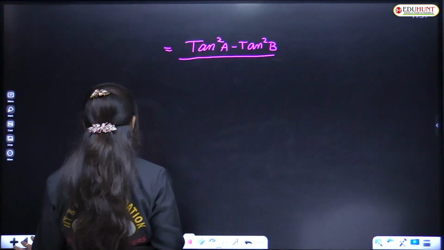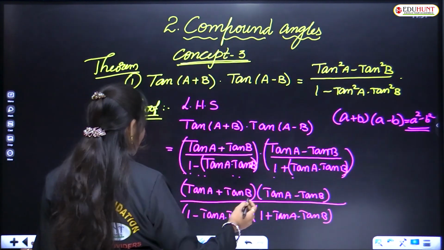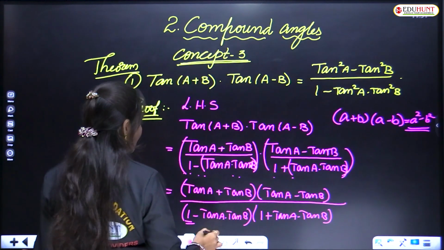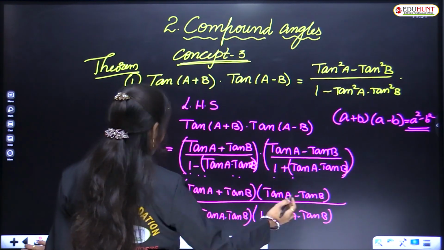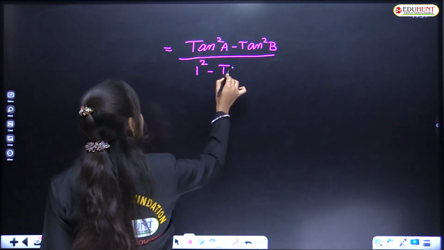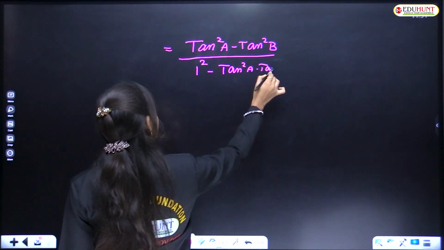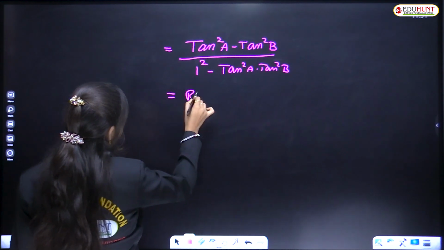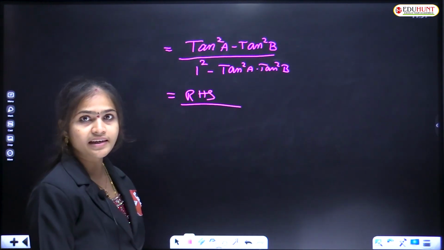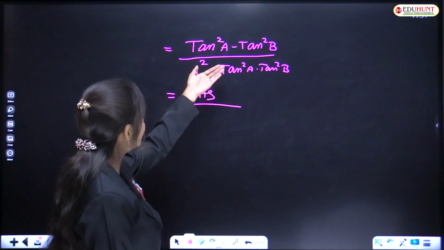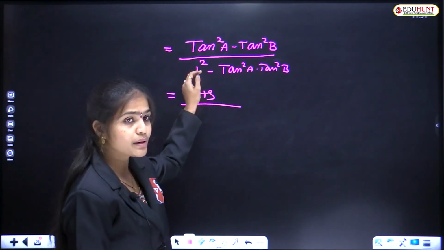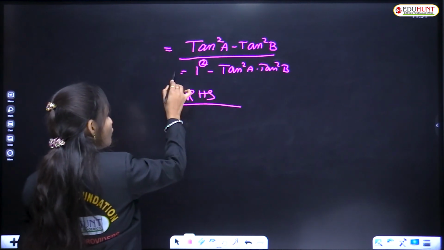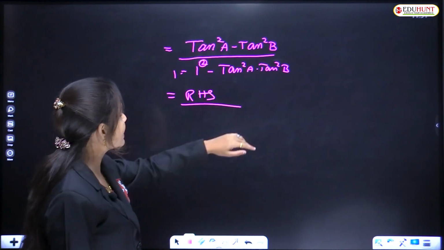In the denominator, a minus b into a plus b gives 1 square minus tan a into tan b, times tan a into tan b, which is 1 minus tan square a into tan square b. 1 square is nothing but 1. So finally we got the RHS. We took the LHS and proved the RHS: tan square a minus tan square b by 1 minus tan square a tan square b.